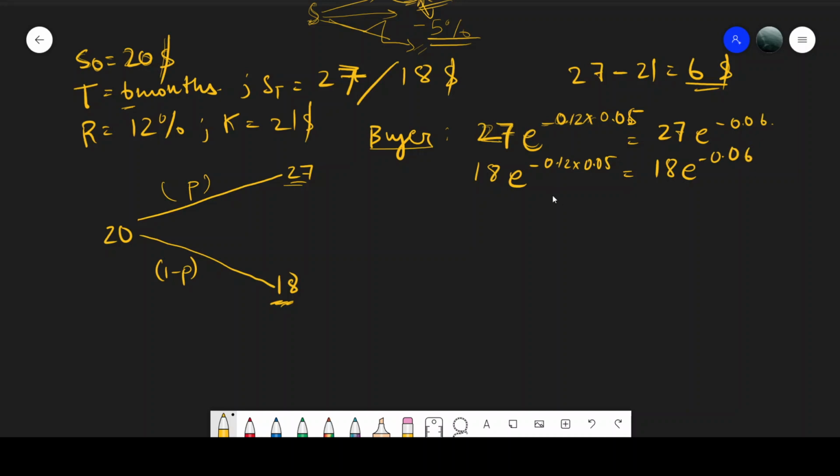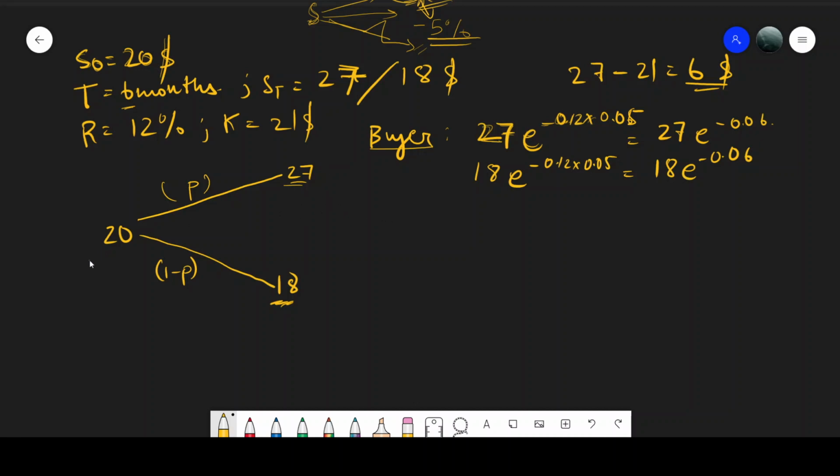Okay. So for a fair game to exist, when I multiply the probabilities to these values, it should be equal to, sorry, not 0.